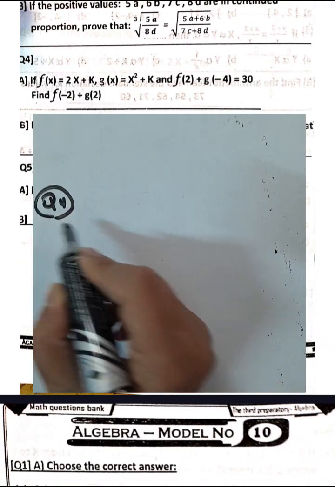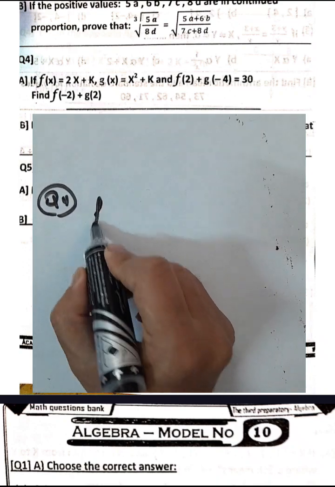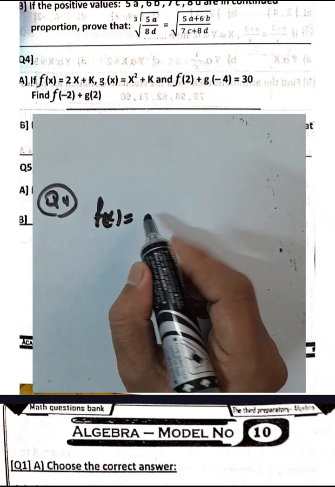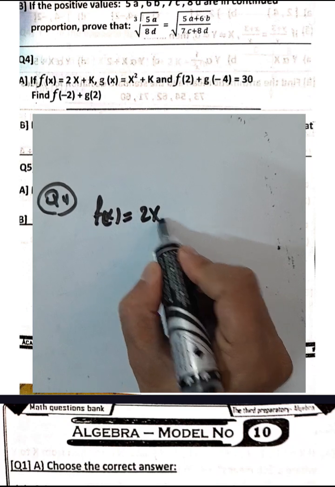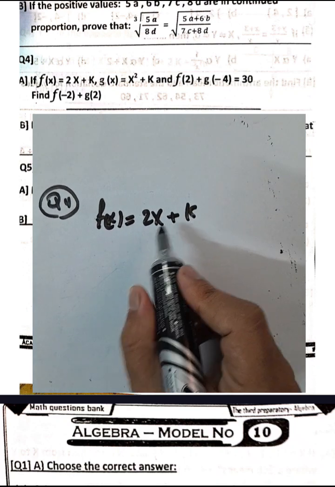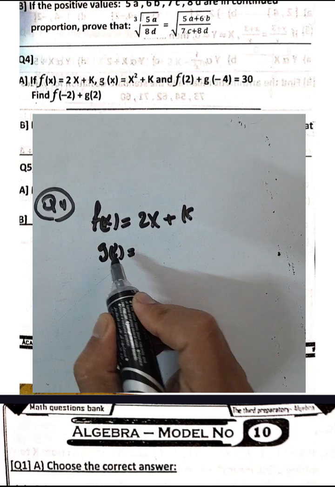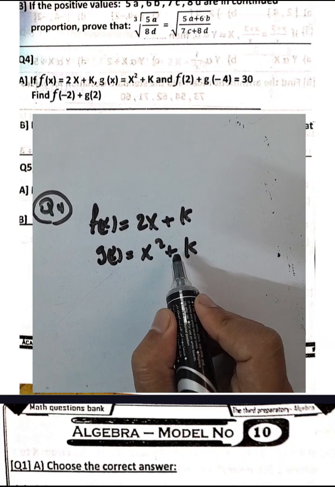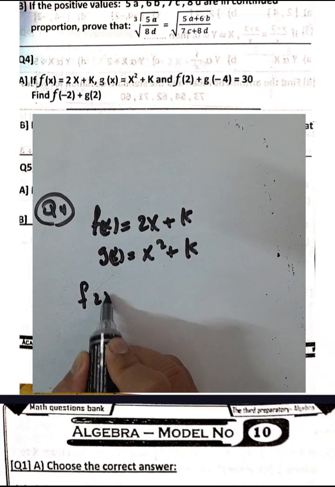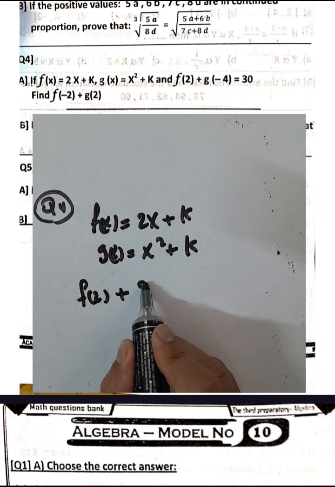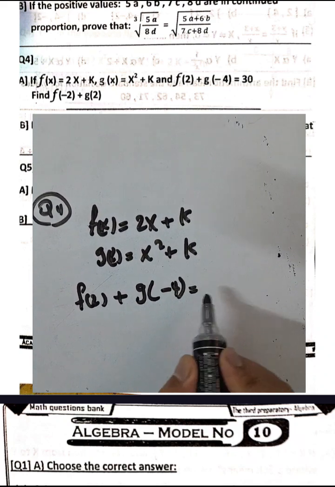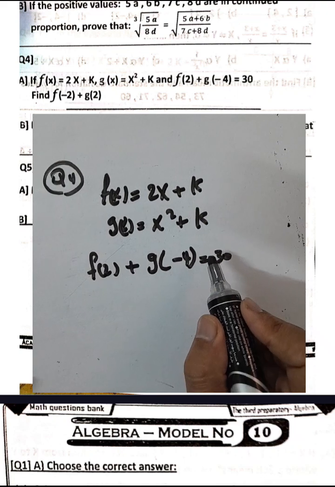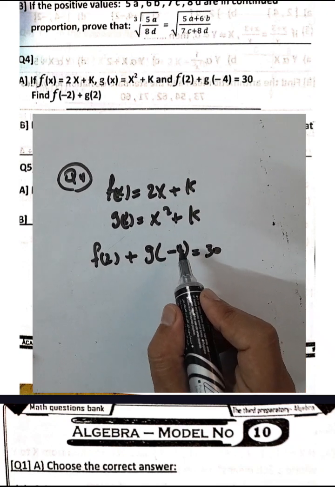Question number 4. If f of x equals 2x plus k, and we have g of x equals x power 2 plus k, and f of 2 plus g of negative 4 equals 30. We want to find f of negative 2 plus g of 2.